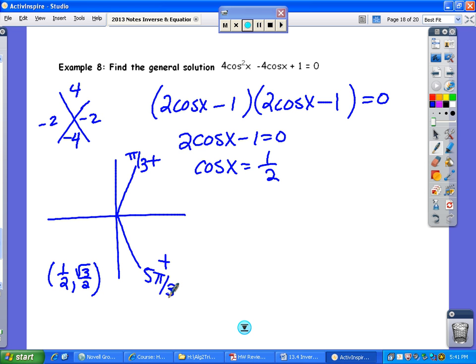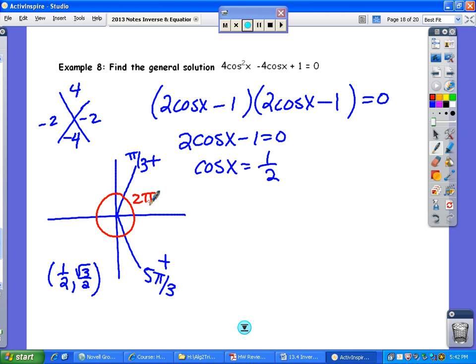All right, now notice that these don't make a straight line. We're not pi apart anymore. So this is going to be a different multiple. We're going to have two separate answers here. So what is our multiple going to be? How do we get back around? If we start here, what do we have to add to get back to another positive angle in the first quadrant? We're going to have to go all the way around and add 2 pi.